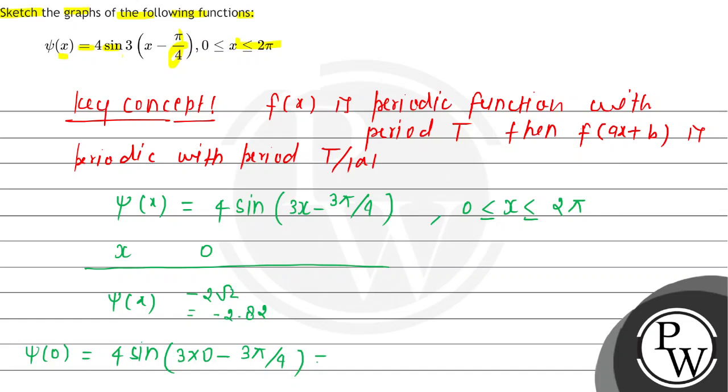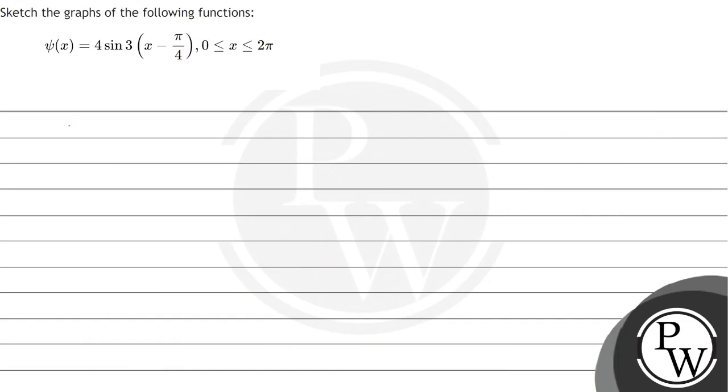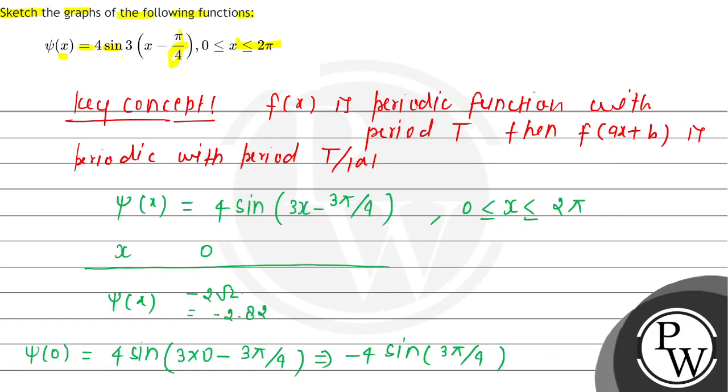Sine एक odd function है तो minus sign बाहर आ जाएगा, minus 4 sine 3 pi by 4 और sine 135 की वैल्यू 1 बाई रूट 2 होता है. So we can say minus 4 into 1 by root 2, then we can write it also as minus 2√2. So after simplification this will be 2.82 in magnitude. वही वैल्यू finally हमने यहाँ पर put up किया है.